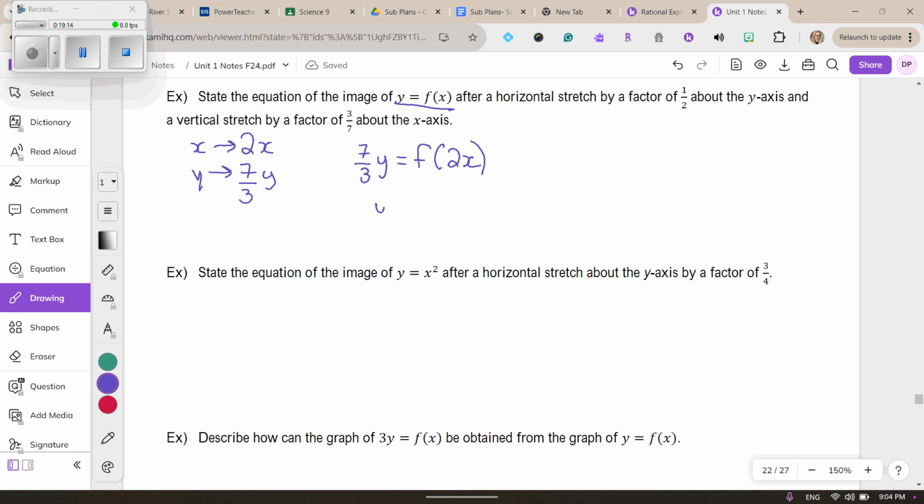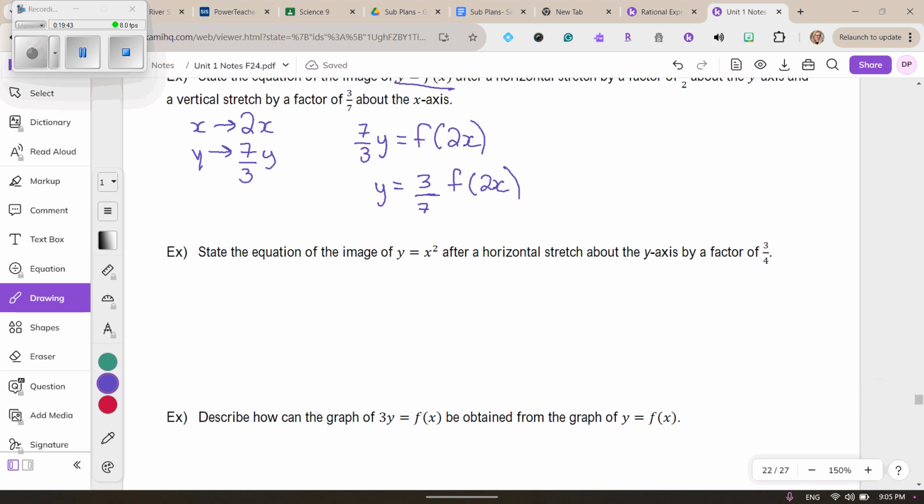Now let's isolate for y. To get the 7/3 to the other side, we multiply both sides by 3/7. That causes the left-hand side to just have a y because 7/3 times 3/7 multiplies to 1. And on the right-hand side, we have 3/7 times f of 2x. That is our equation to get the following stretches.